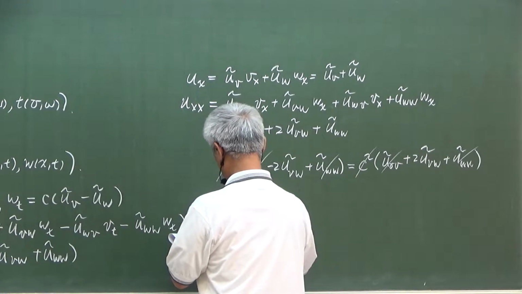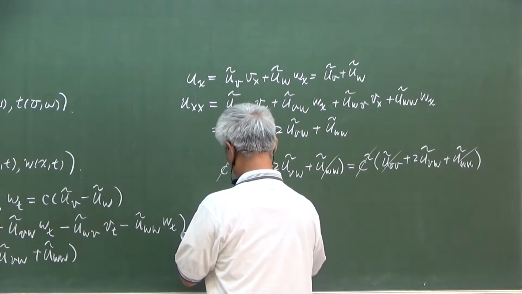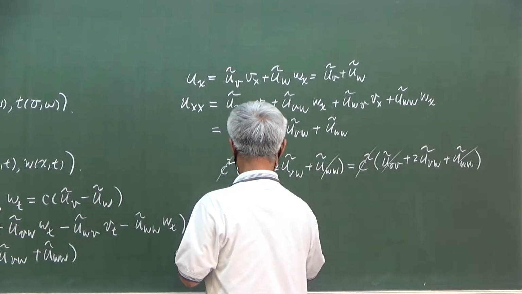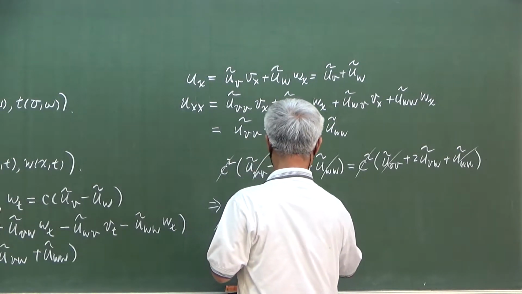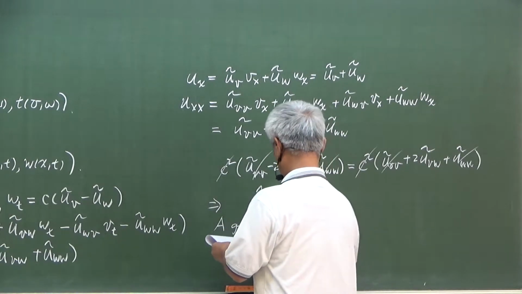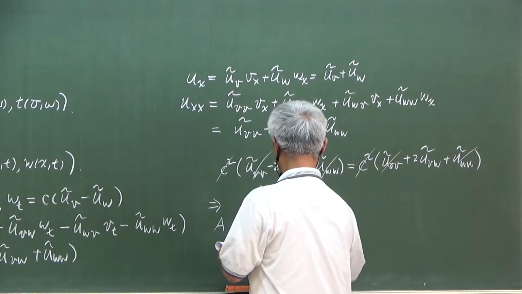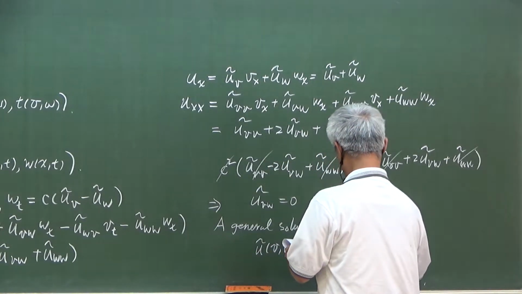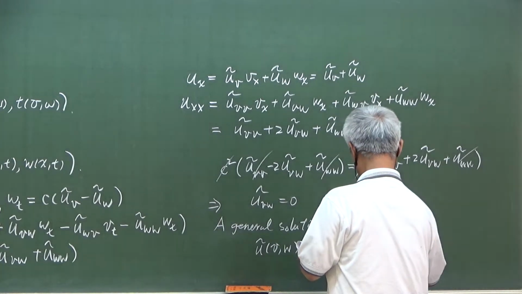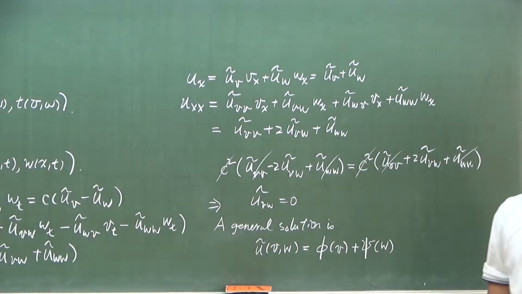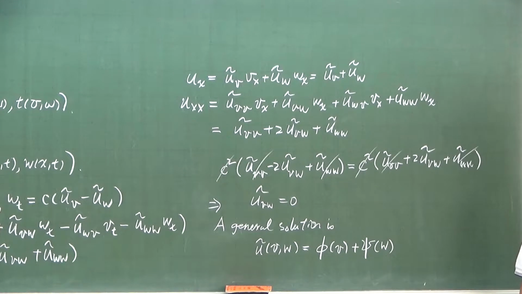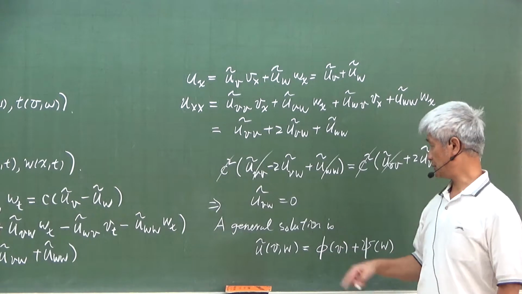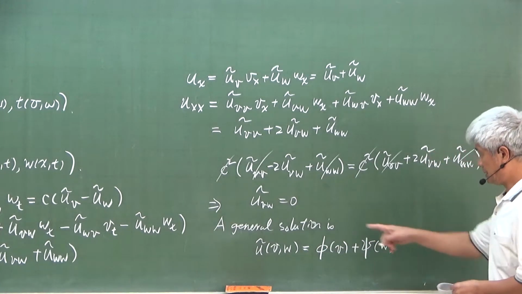So this implies that a general solution is u(v,w) equal to phi(v) plus psi(w). Because we can do the integration twice, right? So we can do that. So this is a general solution.